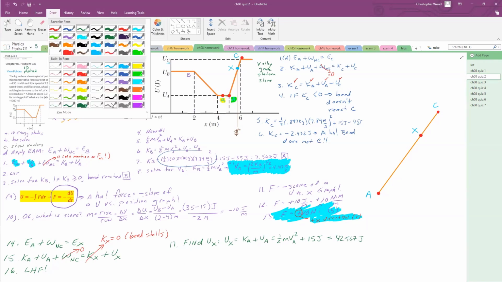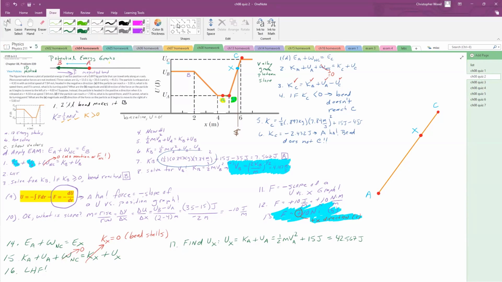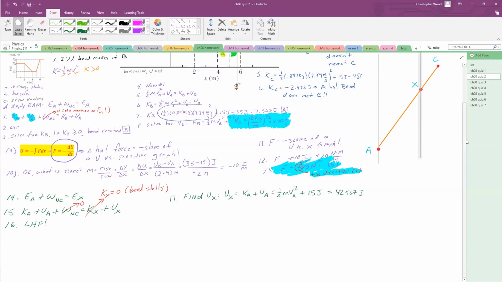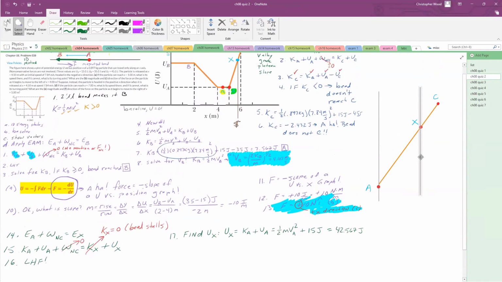Let me just draw some grid lines here. Okay, so here's a vertical line going through energy state A. There's a vertical line going through energy state X. Good enough. There.